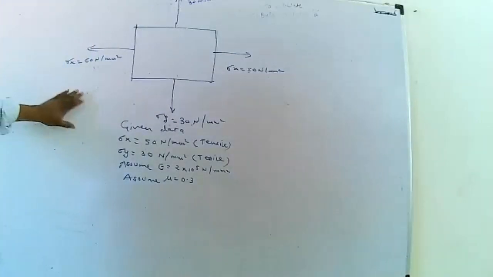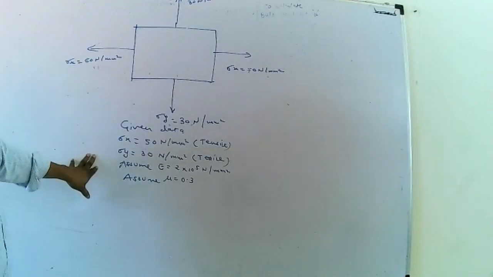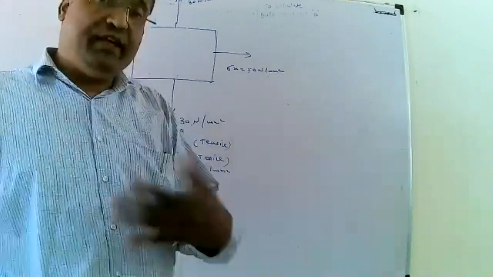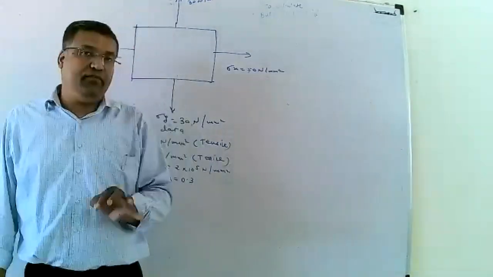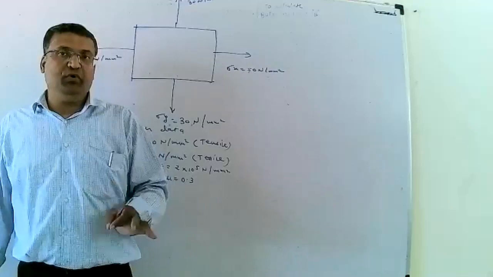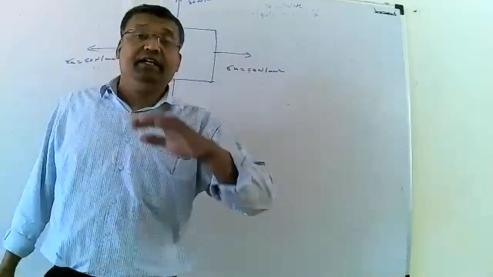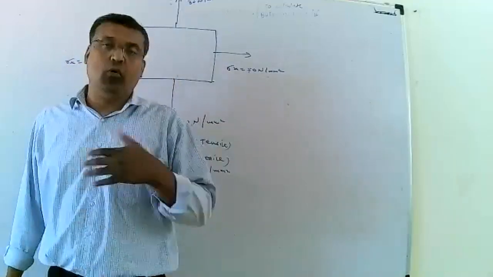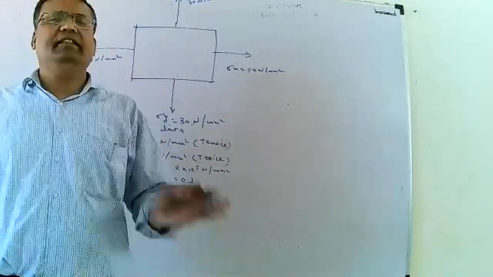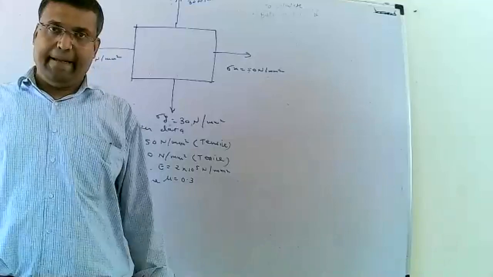In this problem, if sigma x and sigma y are provided and the other two things are not provided, then always assume the value of Young's modulus of elasticity, represented by E, that is equal to 2 into 10 raised to 5 Newton per mm square, if it is not given in the problem.